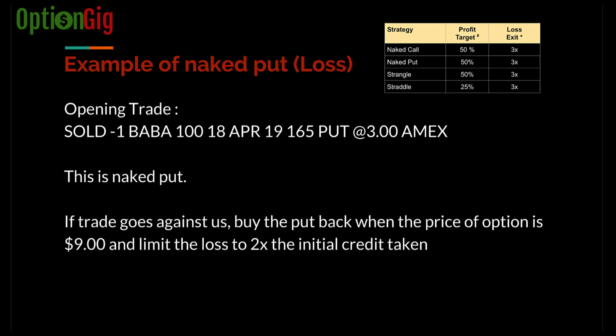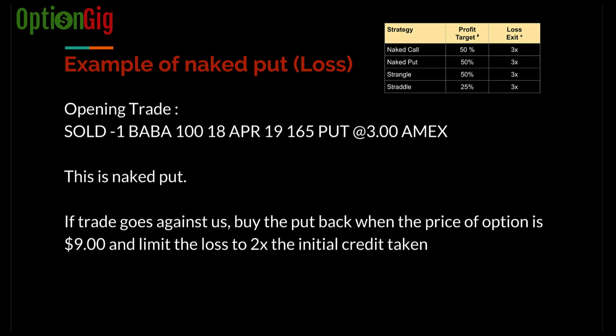Next, we will look at the naked put which is making a loss. It is not in a profitable zone. Say it was the same opening trade, and instead of the stock going up as we would have wanted, it is going down, which means the trade is going against us. Then you should buy the put back when the price of the option is $9.